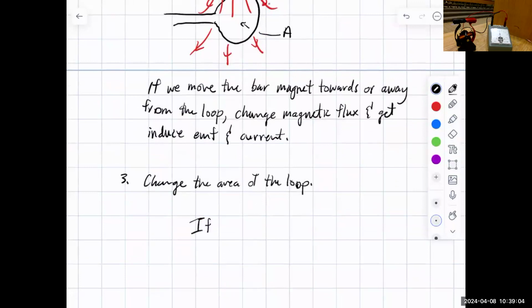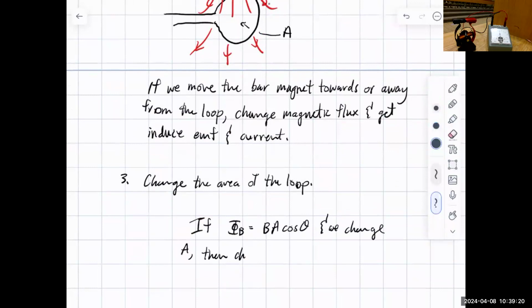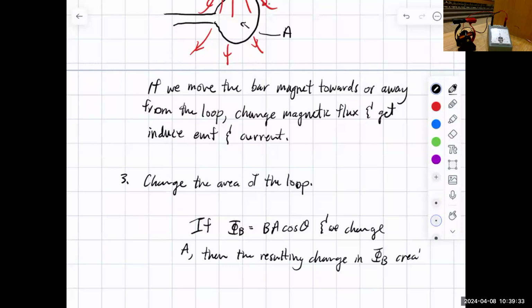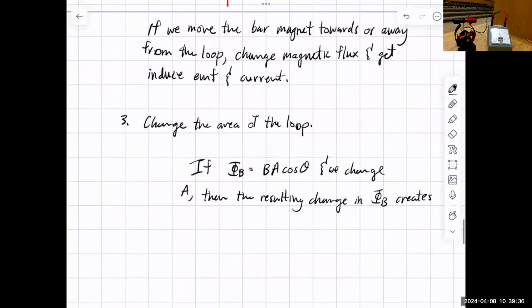So if the magnetic flux is equal to BA cos theta, and we change A, then the resulting change in magnetic flux creates an induced EMF and current.